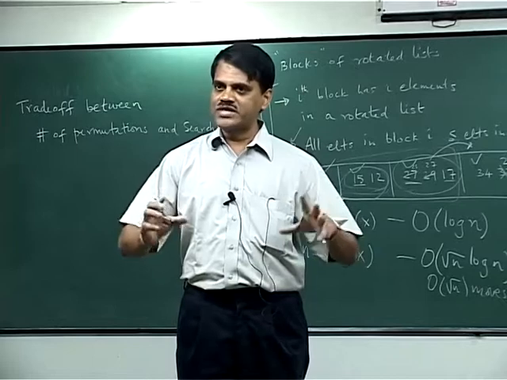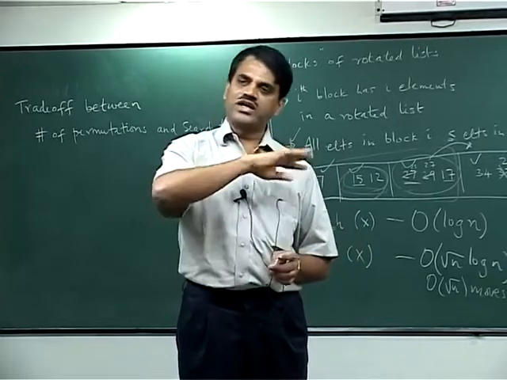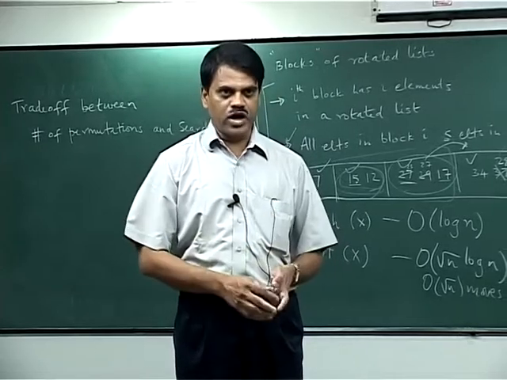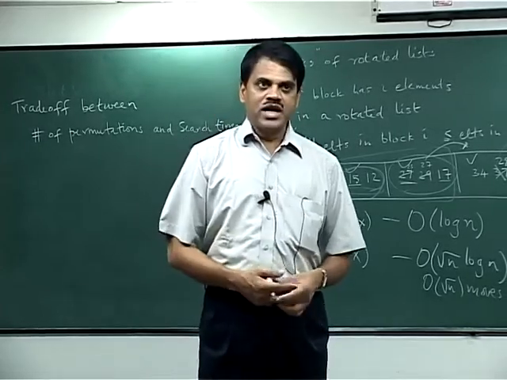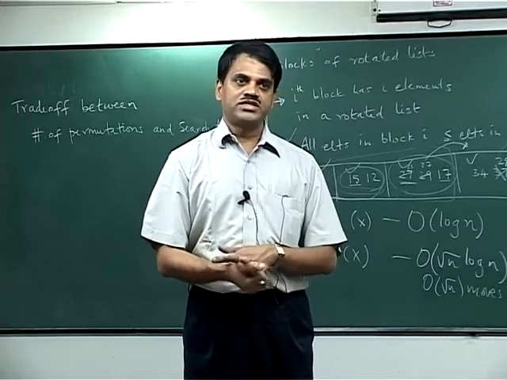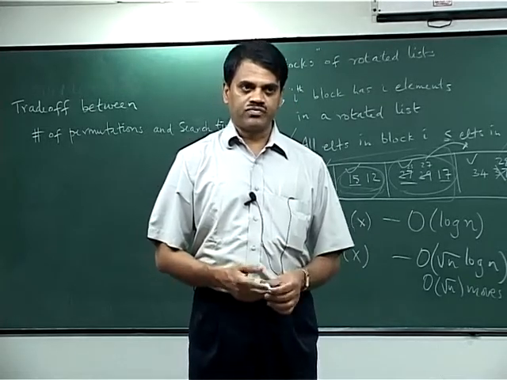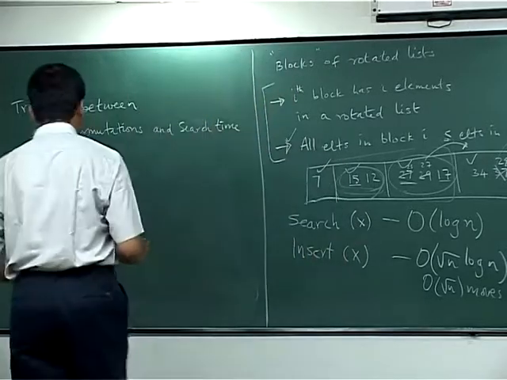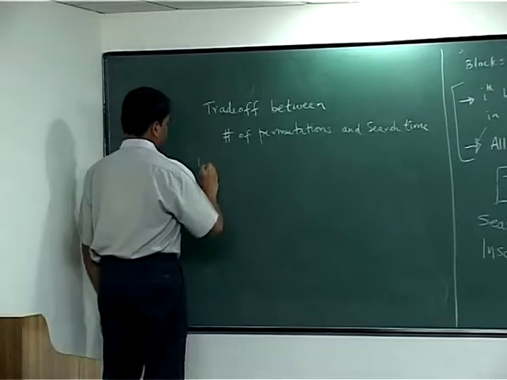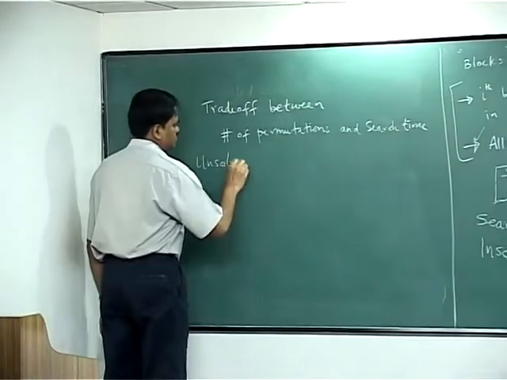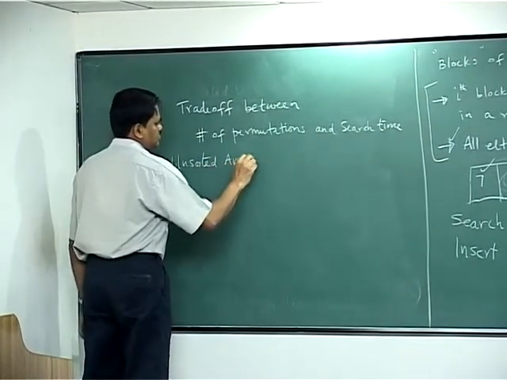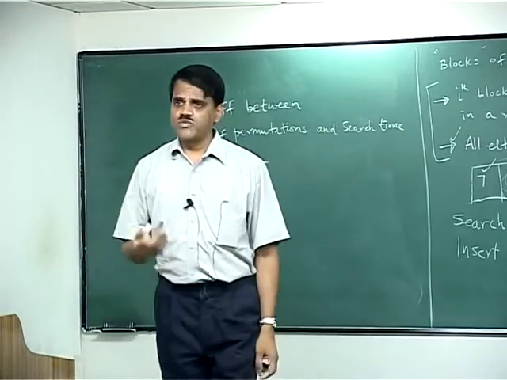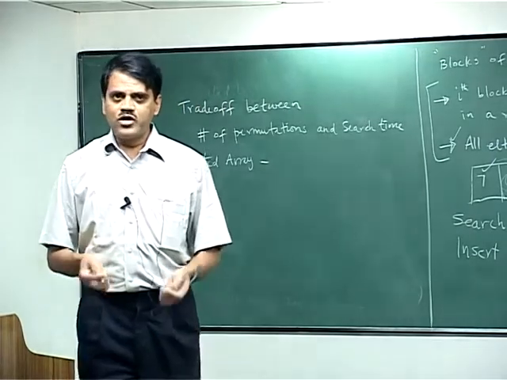People were wondering how to formalize this notion of structure. It is still about implicit data structures. One way we did was looking at partial orders, seeing whether the structure satisfies some partial order on the locations. Another way is the number of permutations of the input allowed by the structure. If you have an unsorted array, how many permutations are allowed?